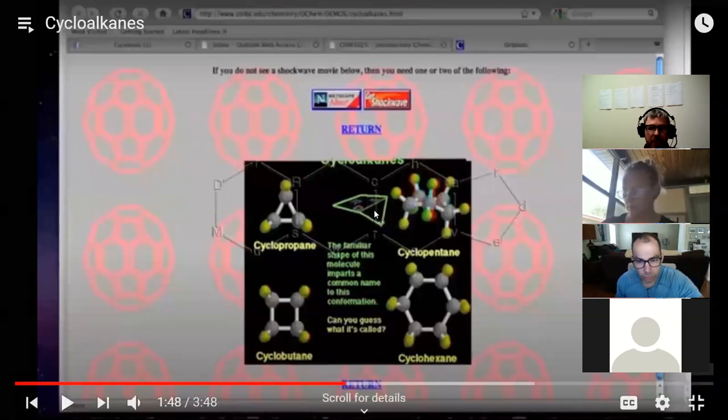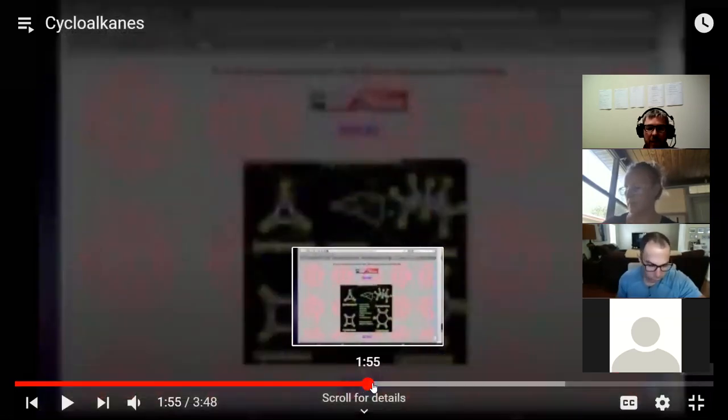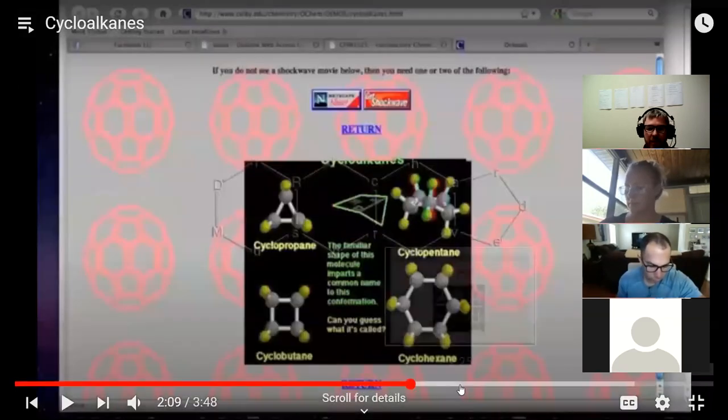So you can see it kind of looks like that shape. But what happens is that these carbons sort of rotate around and nothing ends up ever being eclipsed for very long. Cyclohexane is even better for this.